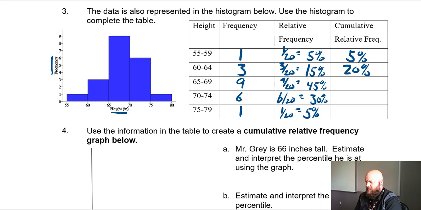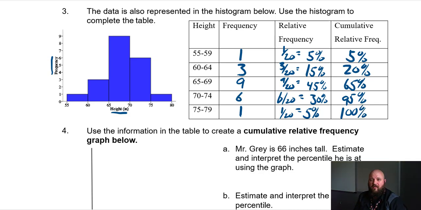And then with adding 45%, we should get 65%. And adding 30, we should get 95%. And adding the last 5% should give us 100%. Which makes sense, right? We should get 100% for the cumulative relative frequencies at the end.